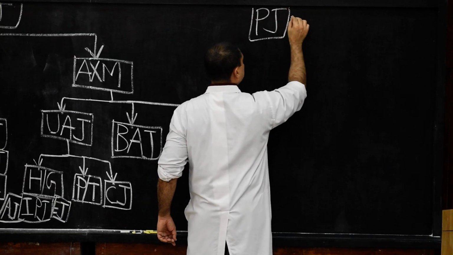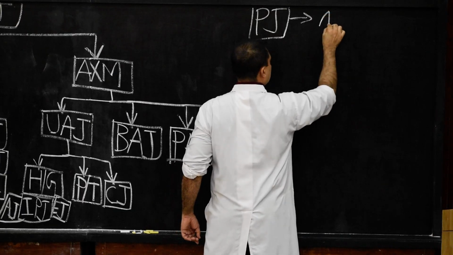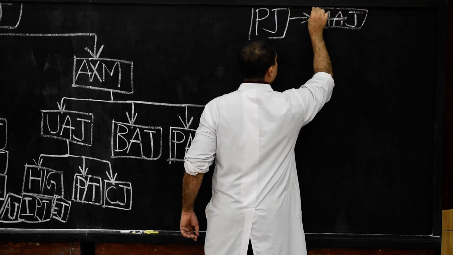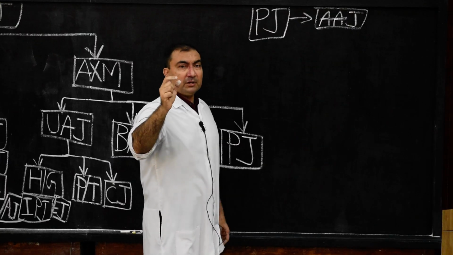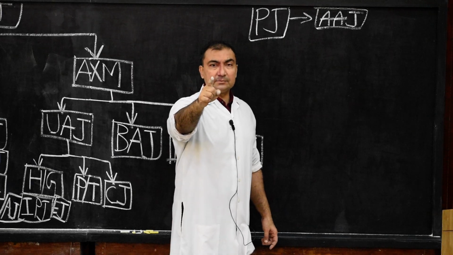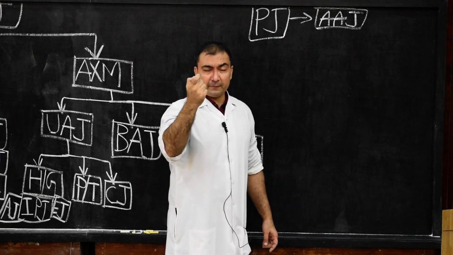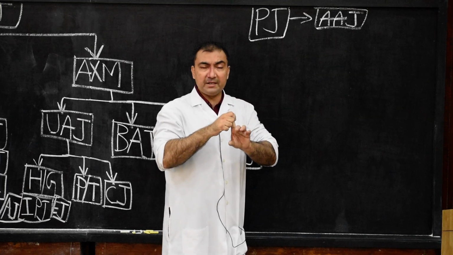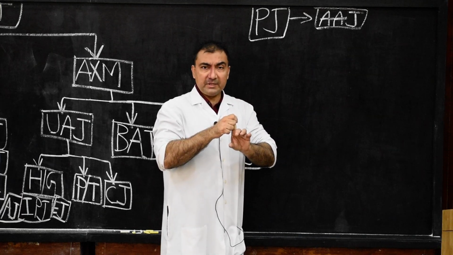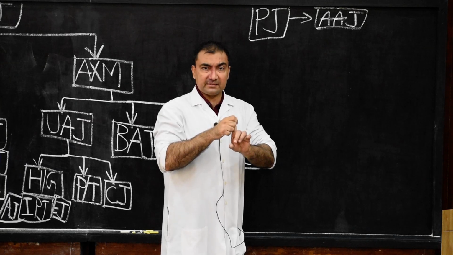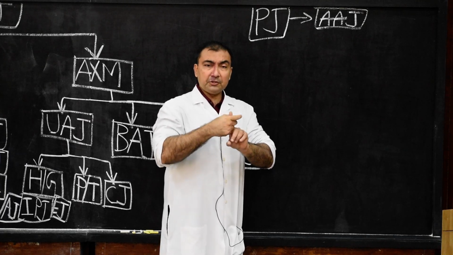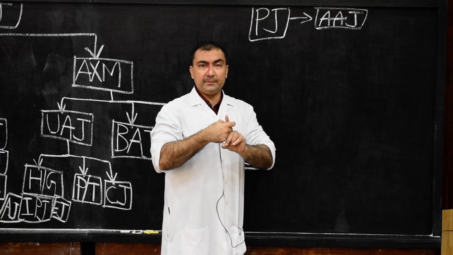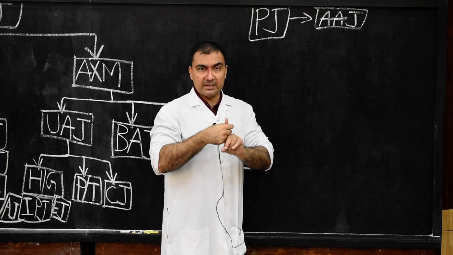The example will be the atlantoaxial joint, and in this joint the pivot which is formed by the dens or odontoid process of axis will remain stable. Dens means the odontoid process of axis. And the osteoligamentous ring, which is formed by the anterior arch of atlas and transverse ligament of atlas, will rotate around it.